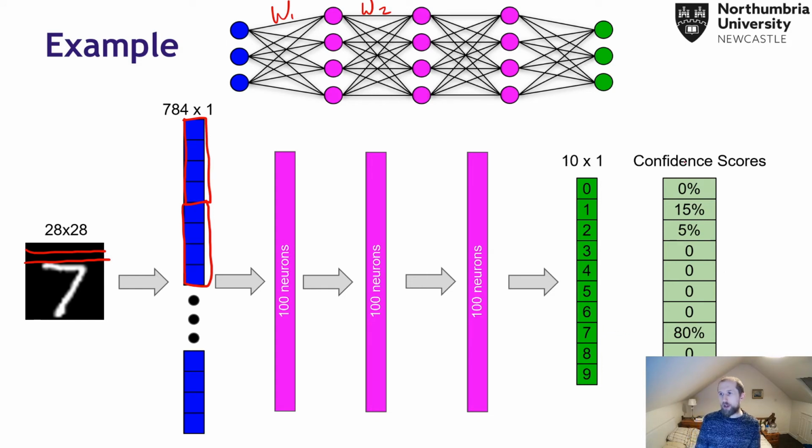So we are going to get a confidence score as an output. Before I get into that, I'll just talk about this softmax function very briefly.